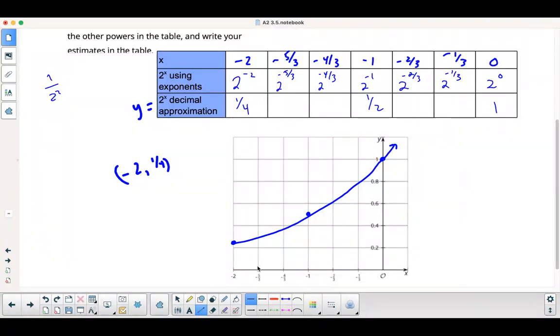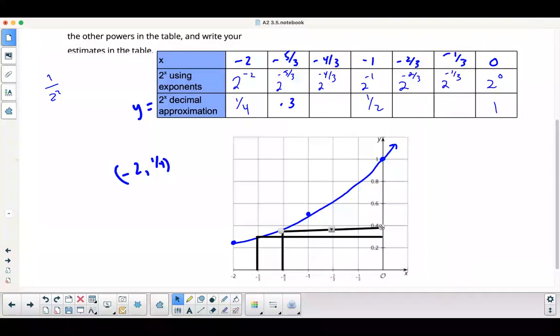When x is -5/3, I go right here. Find that point. Looks like 0.3. When x is -4/3, we'll call it 0.35 maybe. And again, we're just estimating. We aren't positive on this.